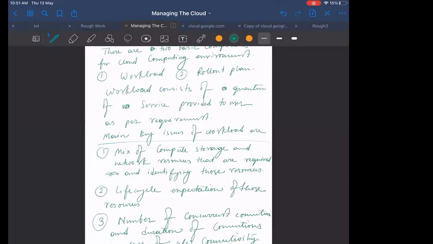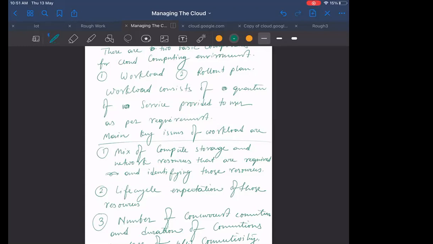And from the user's perspective, the workload is how much is currently needed from my business point of view, whether this cloud service provider is able to satisfy it, and how much the workload can increase in the near future, and whether the service provider is able to cater to that.